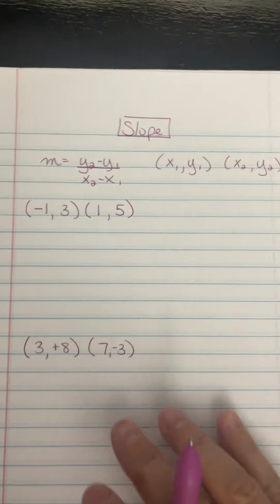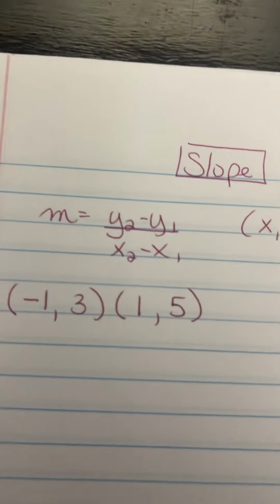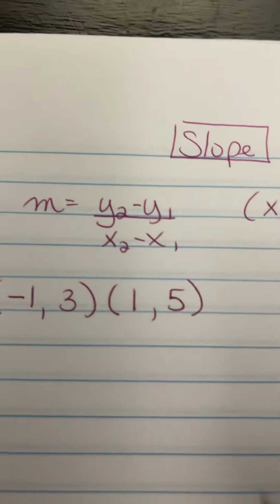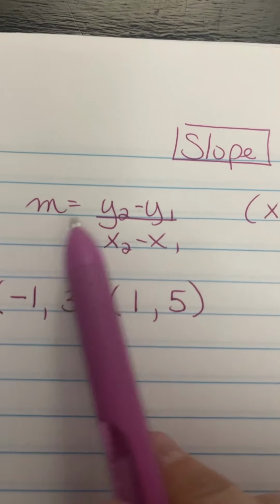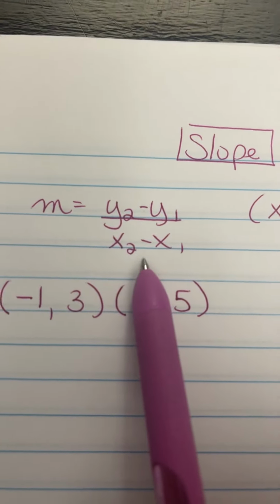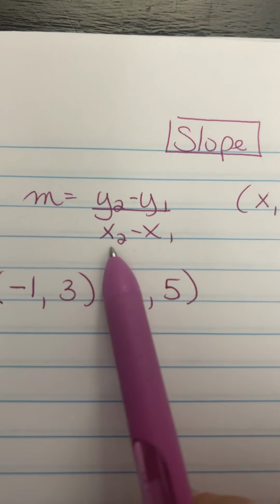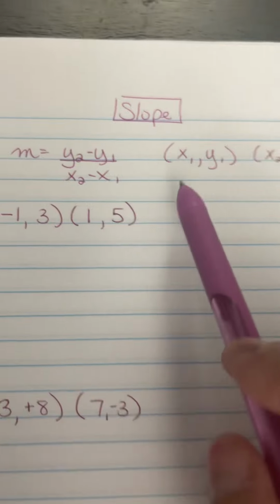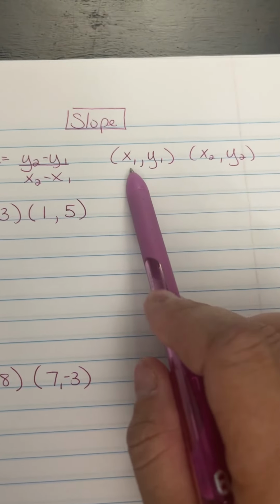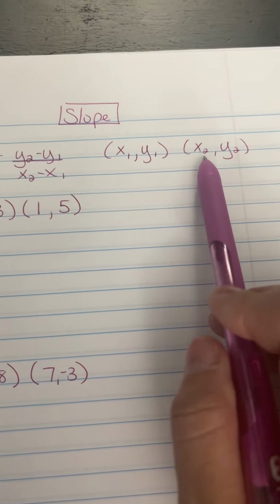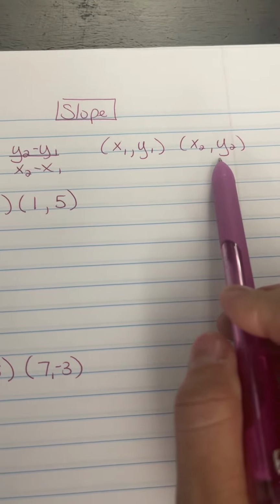To find slope when you're given 2 points, we follow this formula. Remember, m means slope. Change in y over change in x, or y2 minus y1 over x2 minus x1. So the 2 points that are given to you, one is x1, y1, and we can label the other one x2, y2.